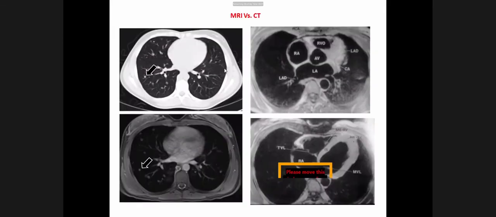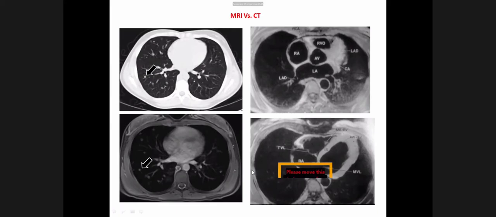Modality: MRI, CT, or brain X-ray. In this one, we can ask you about the section or plane. You have to write axial. Is it axial, coronal, or sagittal?